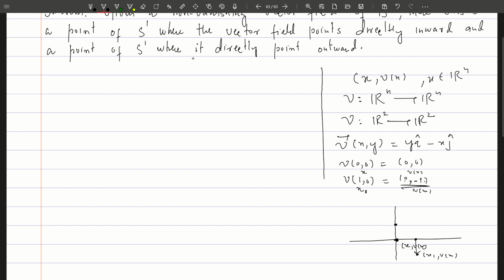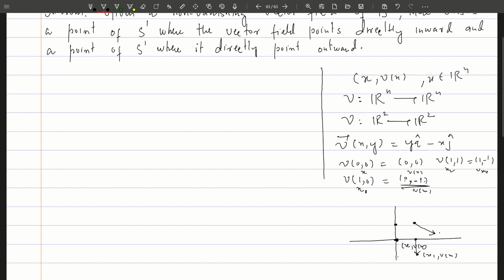Similarly, if I give the input v of 1, 1, we get the point 1, minus 1. So 1, 1 is a point over here, and we get a vector in the direction of 1, minus 1. If this is x2, this is vx2, we get this arrow.